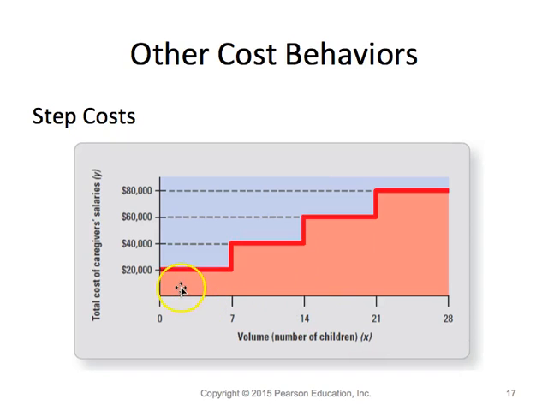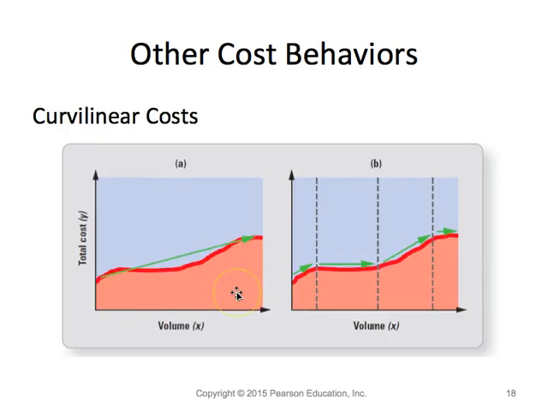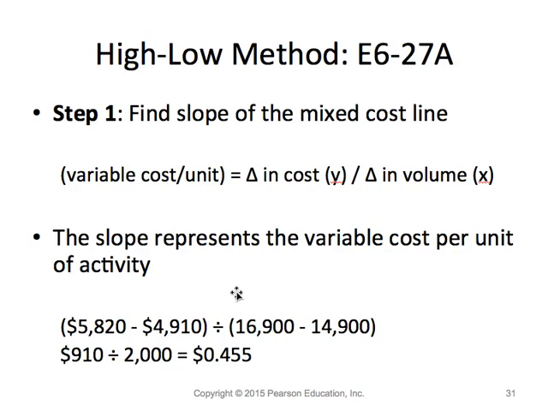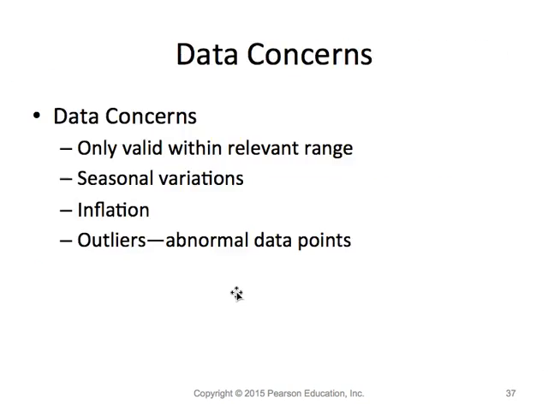So 20,000 is only valid when the volume is below a certain level, and 40,000 is only valid within this range. So the validity of the data depends on the range of the volume. That could be a concern here.